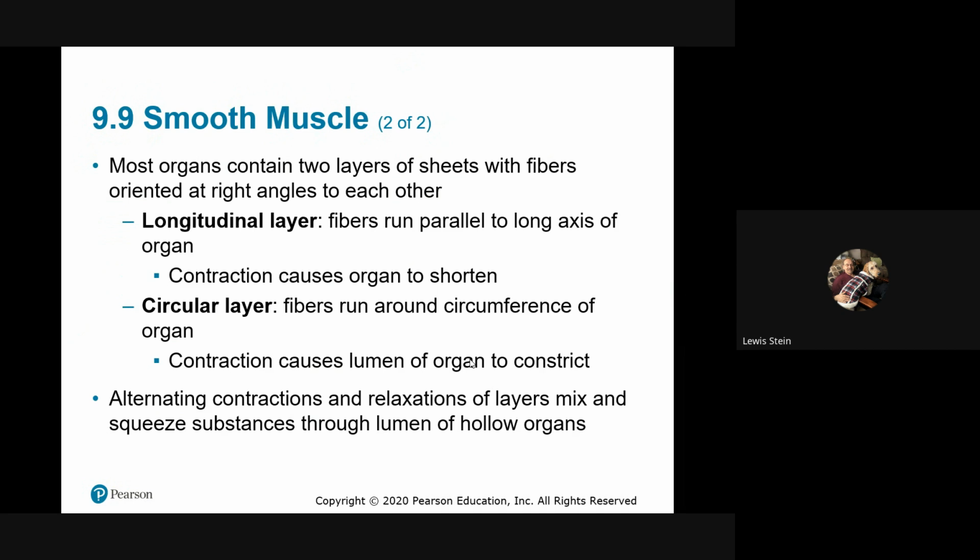We basically squeeze and push, squeeze and push. That's the beauty of this arrangement. Circular fibers around the circumference contract, causing the lumen of the organ, in this case the hollow tube, to constrict. Longitudinal fibers will cause it to shorten. They push it along. That's how your digestion works, peristaltic.